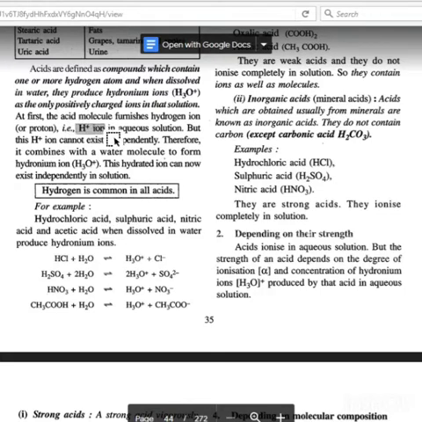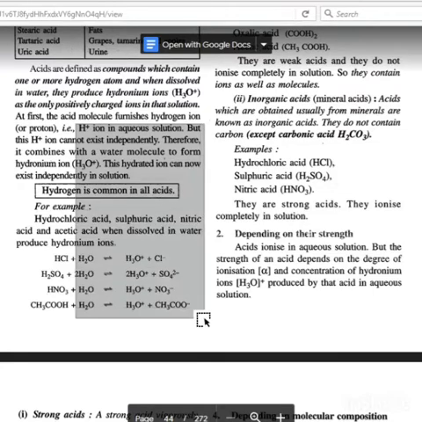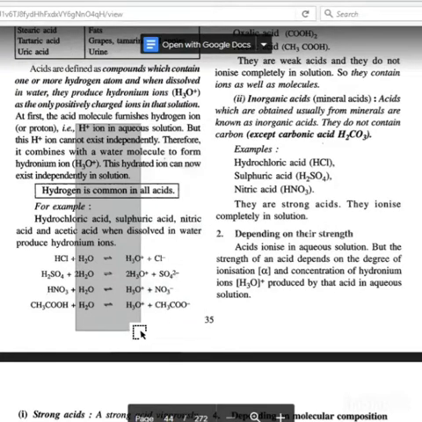H+ ions can't exist independently. They only survive when they combine with water and form the hydronium ion. It means the hydronium ion is essential for showing the acid property.